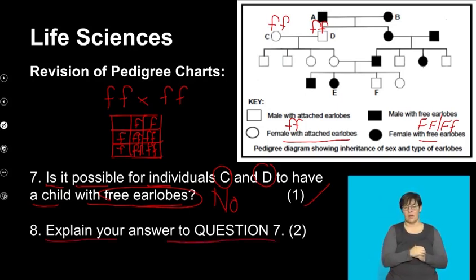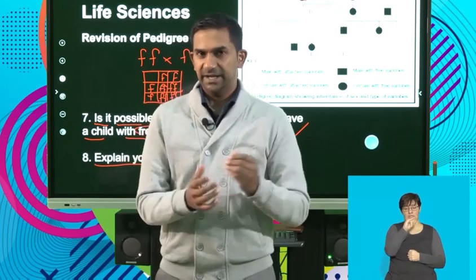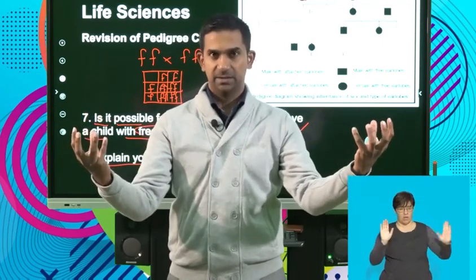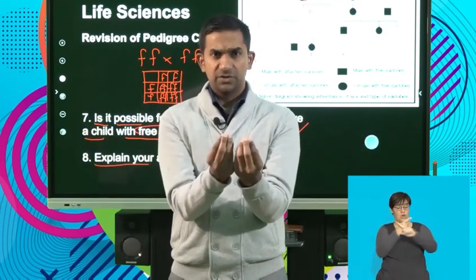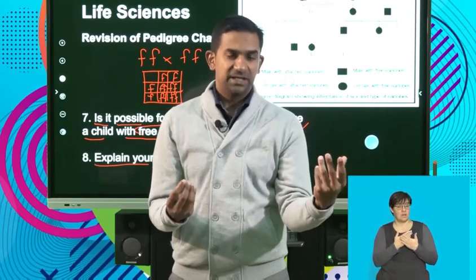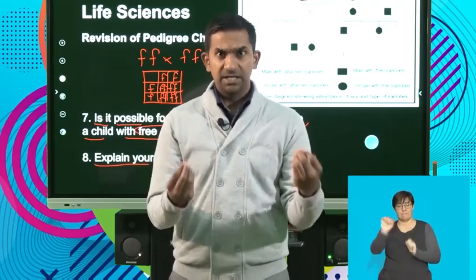And essentially, my explanation to this would be, guys, if you've got parents that are homozygous for a particular characteristic, and both these individuals we refer to as pure breeding, when we cross those individuals, the only possibility that we have in the next generation is the same characteristic appearing.